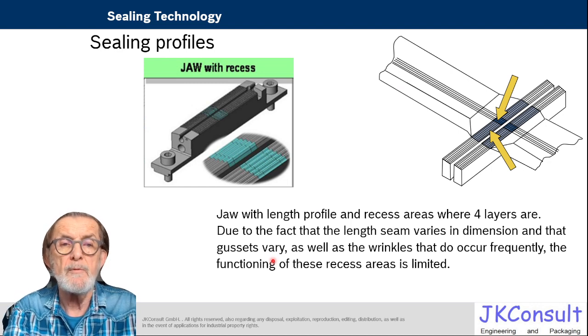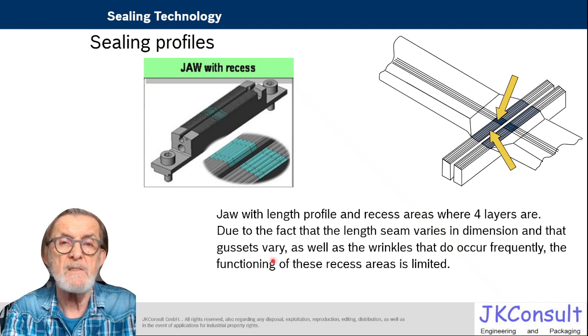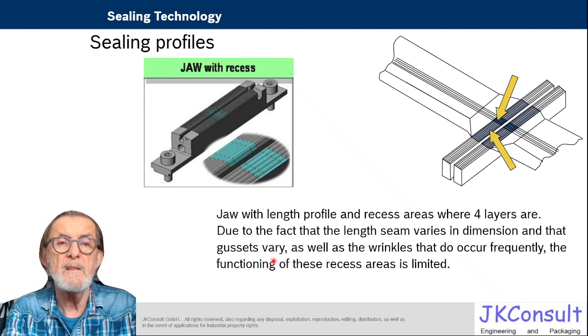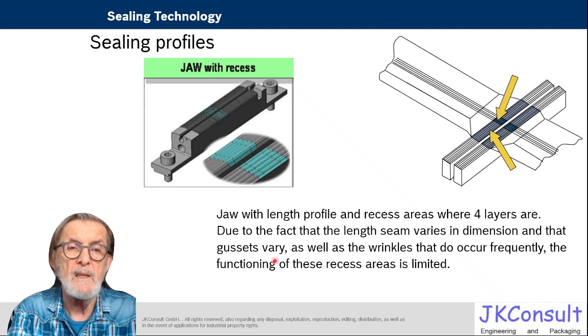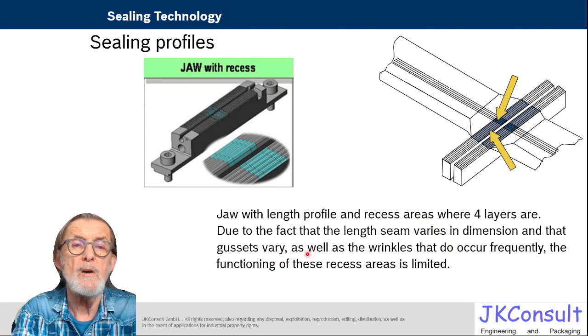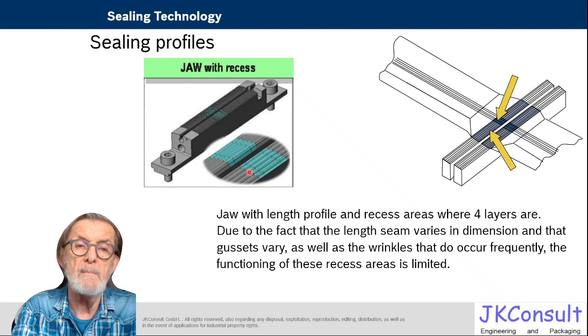Now, the same, of course, accounts for gases. Gases go faster, so we want to avoid leakers. And one thing is to solve the issue of the different layers. So there are here crimpers that have a recessed area where the 4 layers are. In my opinion, it's a problem because we're not wrapping around a steel tube where we always have exactly the same dimensions, but we wrap around a living product.